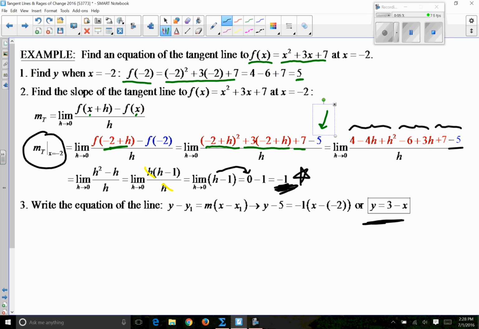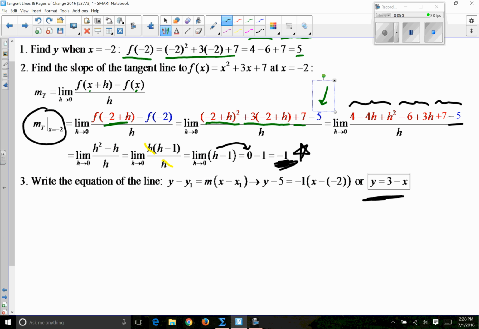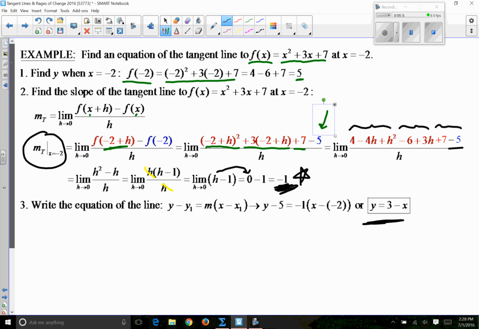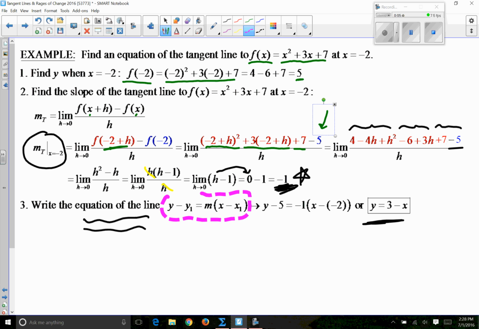And all we do is to find the equation of the tangent line, we need to know that the equation of a line is y minus y1 equals m parentheses x minus x1. The y1 is 5. We got that in step 1.